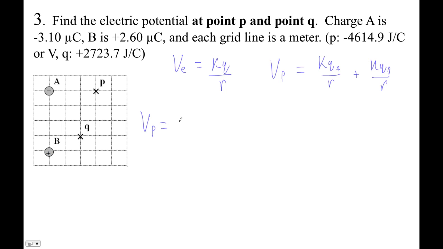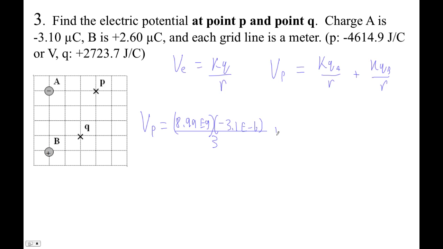The potential at P is 8.99 E9, and A is negative, so it's negative 3.1 E minus 6. At P, how far are we from that guy? We are just simply 1, 2, 3 from that guy, so this is just divided by 3.